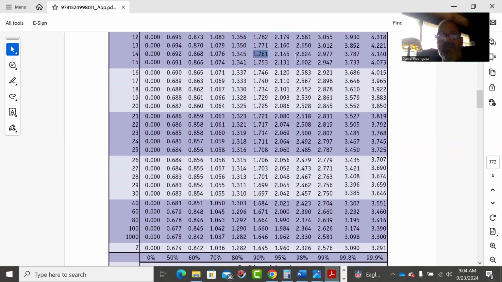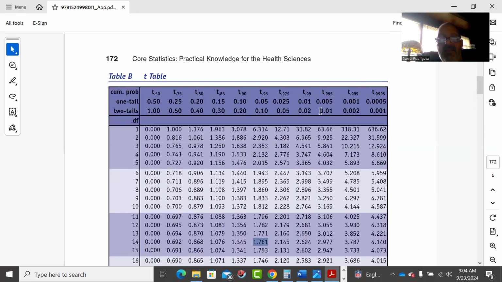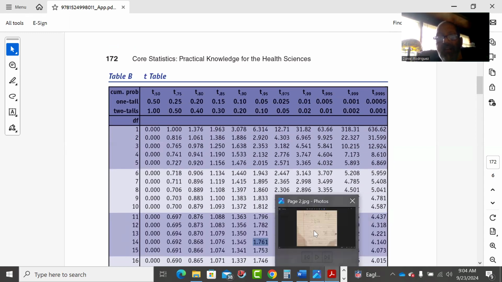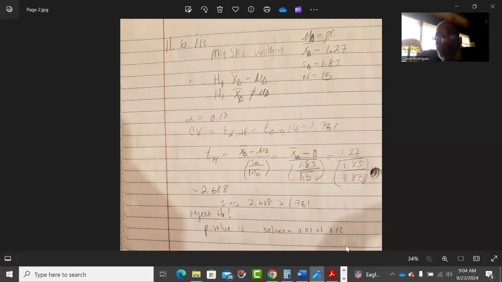Somewhere between here and here. So 14 degrees of freedom, 2.624 and 2.977. And we say it's somewhere between 0.02 and 0.01. But you generally don't have to do that because you'll have a computer do that for you, okay? So you can actually provide the p-value for that.